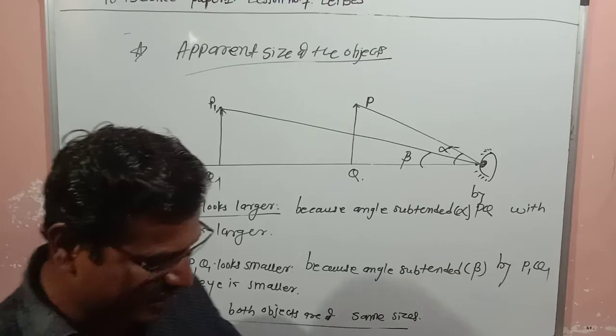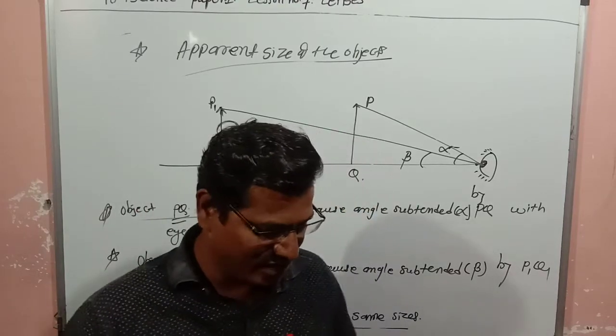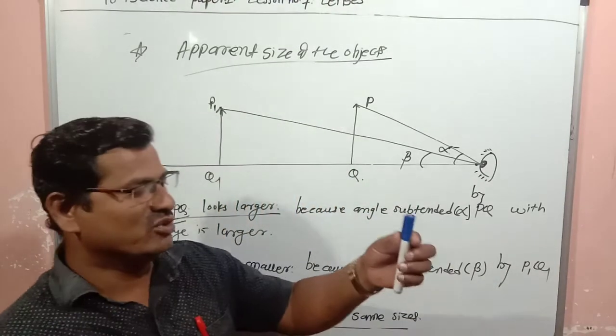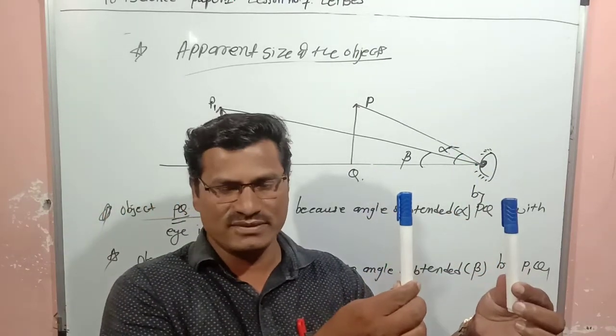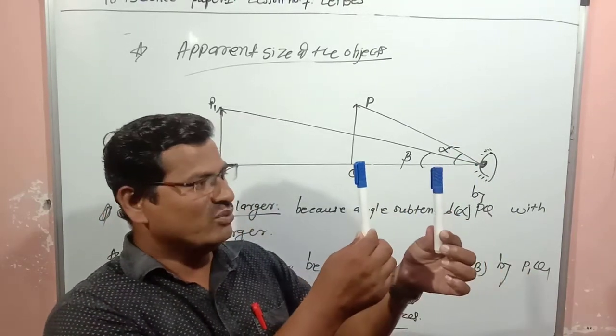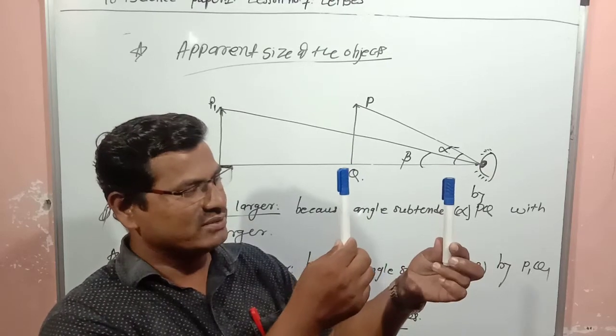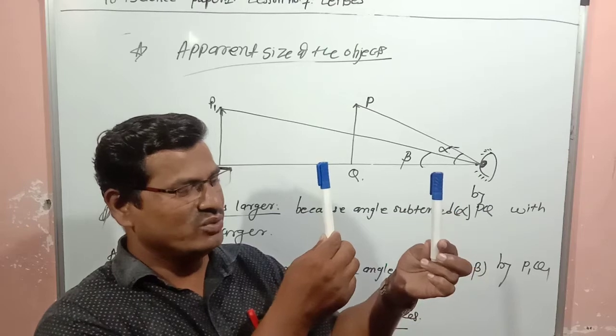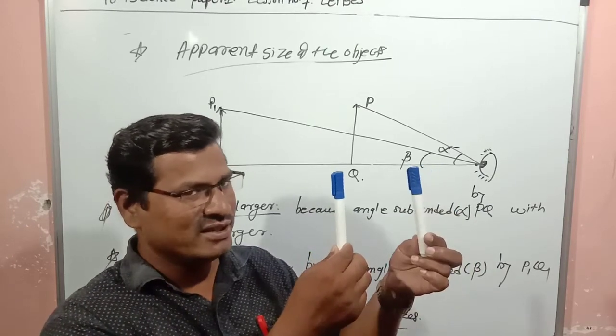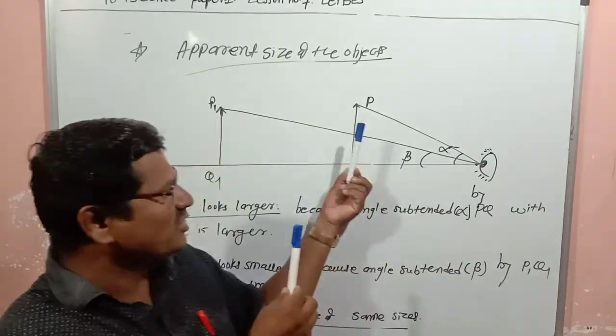Suppose these two pens are there, and they are of equal height, but the pen which is towards my eyes is looking larger, and the pen which is away from my eyes is looking smaller. So the same thing is there.